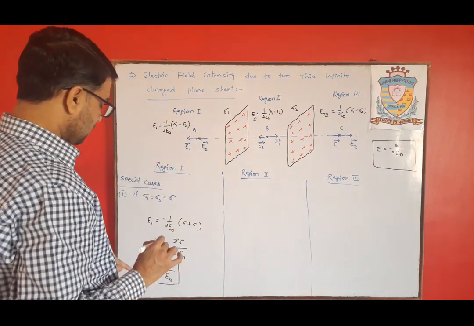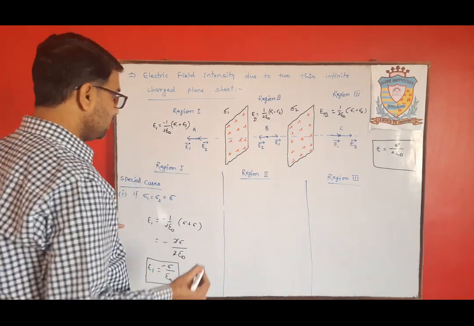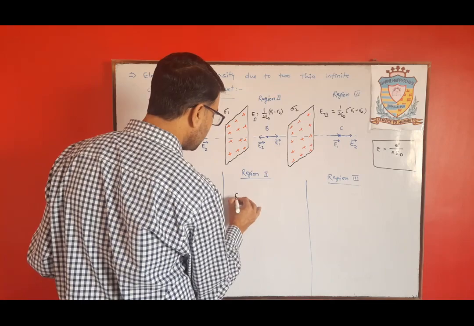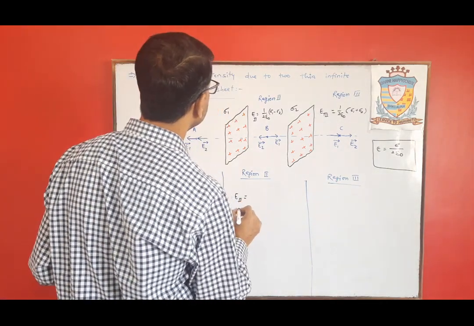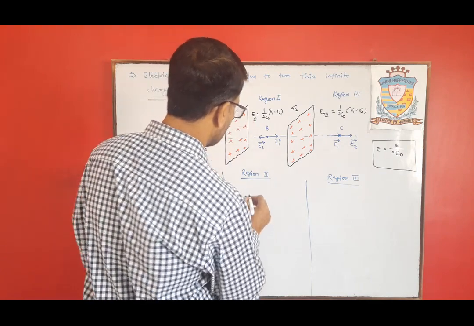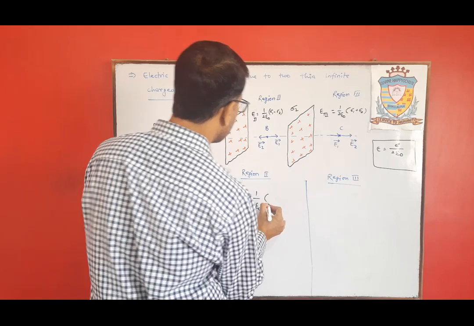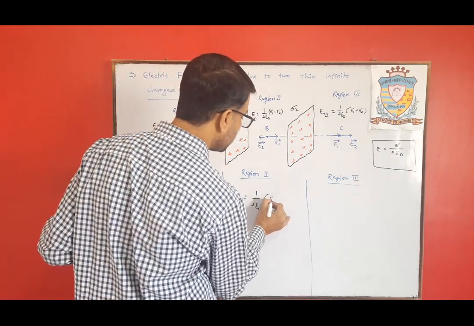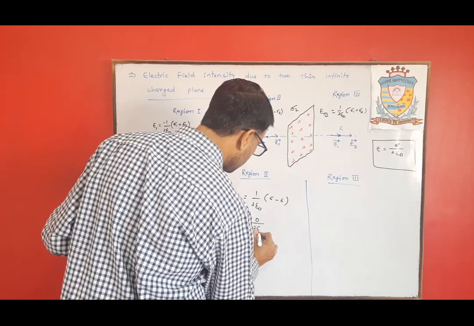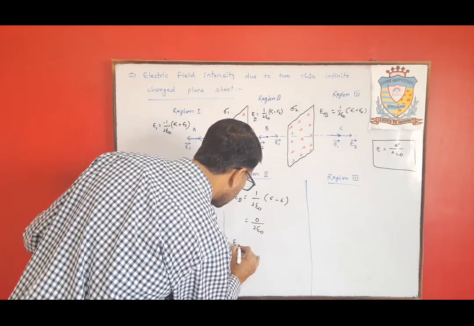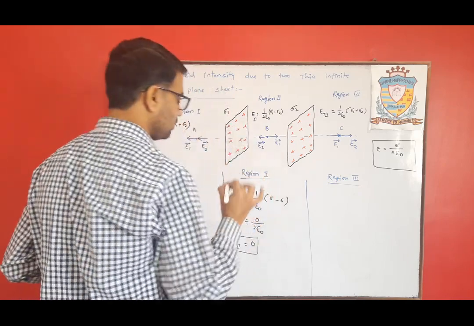Okay. Negative sign. In region 2, E in region 2 is equals to 1 upon 2 epsilon naught, sigma. In place of sigma 1, what we have, that is sigma minus sigma. Sigma minus sigma, 0 upon 2 epsilon naught, or electric field in region 2 will be equals to 0. Okay.